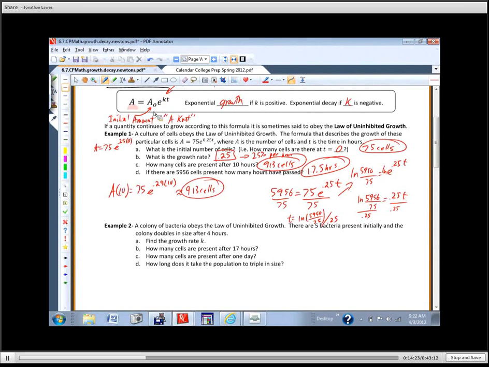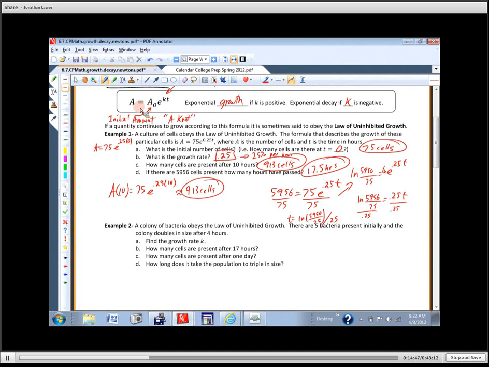So we're going to use this formula, and we know K is going to be positive. It says there are 5 bacteria present initially, and the colony doubles in size after 4 hours. Then answer those questions. Find the growth rate. How many cells are present after 17 hours? How many cells are present after 1 day? And how long does it take the population to triple in size?